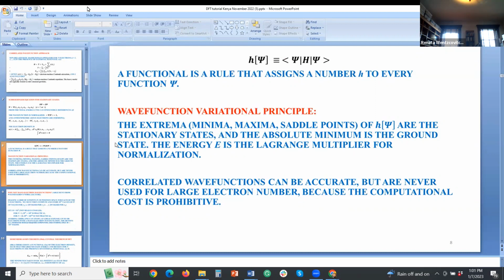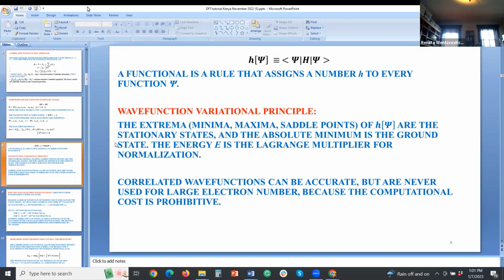The Schrödinger equation can be derived from the wave function variational principle, which says that the extrema of this energy functional H of psi over all n-electron wave functions are the stationary states of the system.